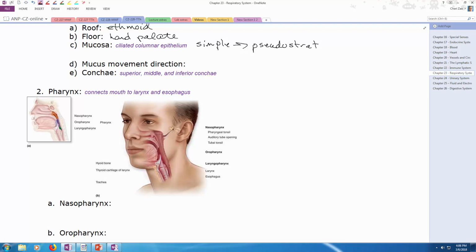We have also in the mucosa lots of goblet cells that secrete mucus, which is helpful as it's nice in trapping particles.